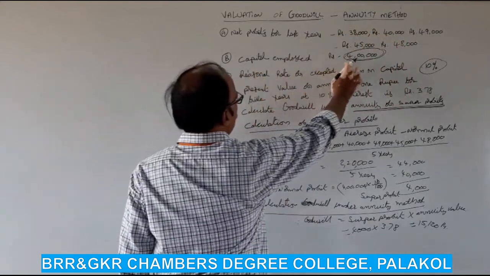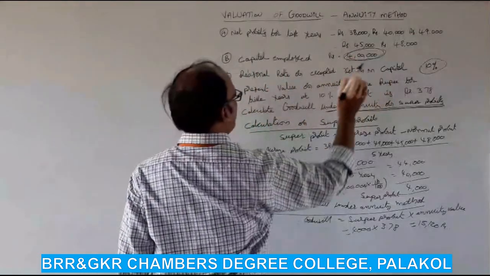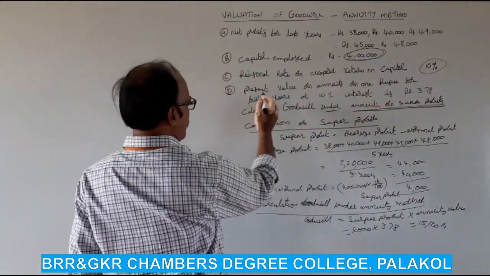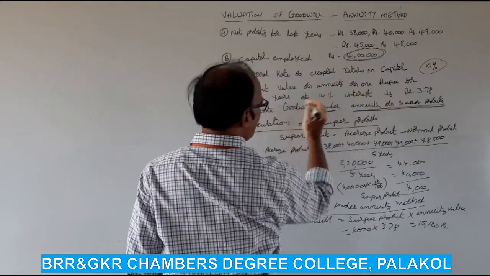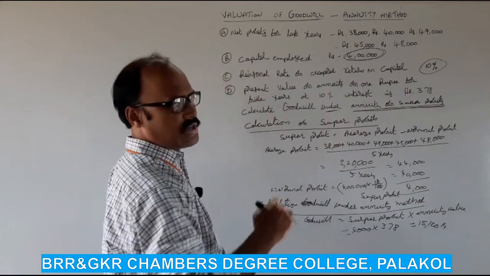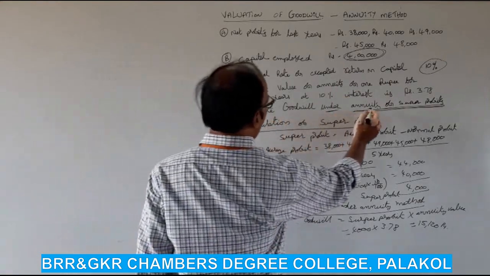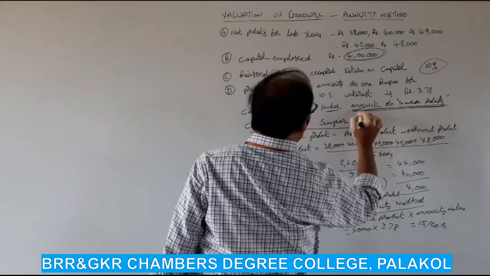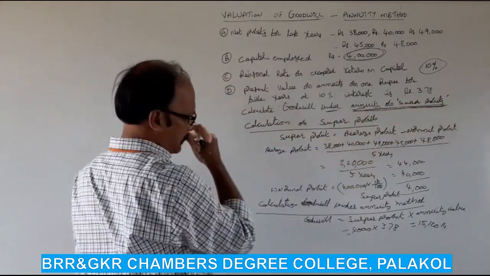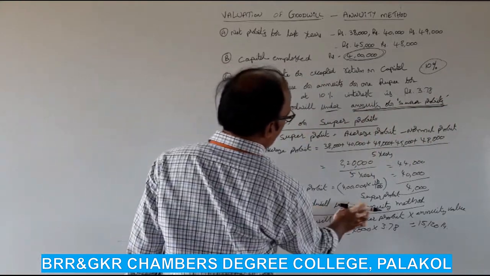Capital employed rupees 4 lakhs. Reasonable rate of expected return on capital 10%. Present value of annuity of 1 rupee for 5 years at 10% interest is rupees 3.78. Calculate goodwill under annuity of super profits.